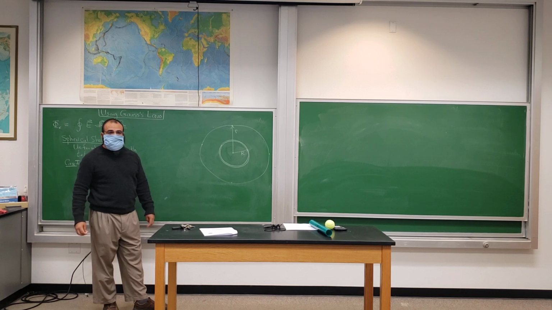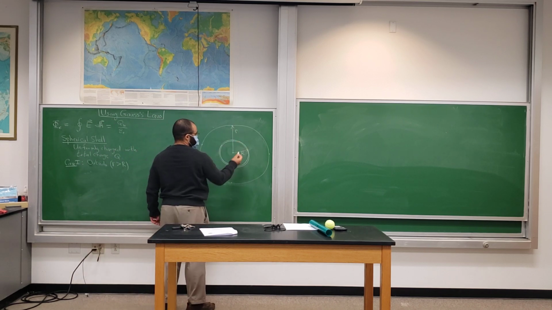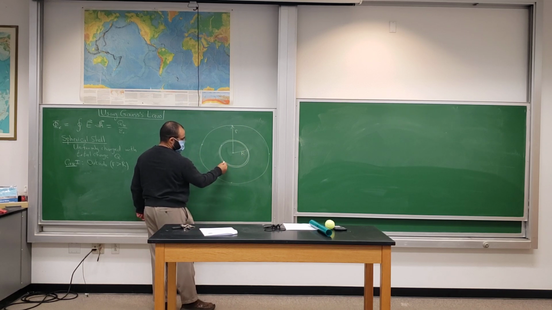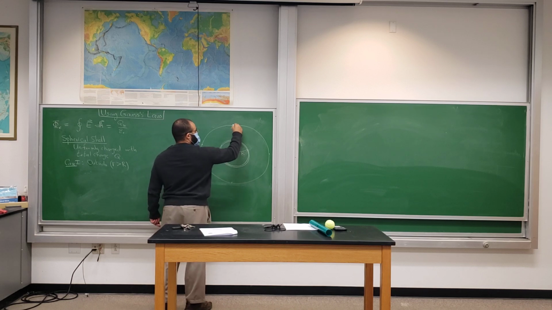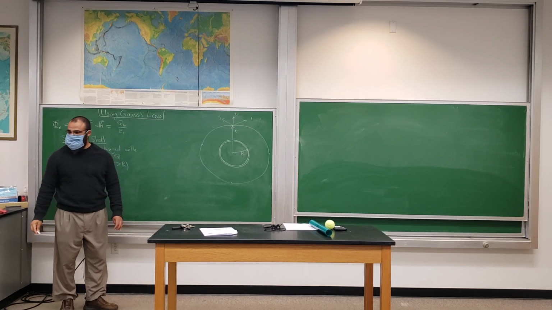Next, in what direction should the electric field point? Let's give three cases. This is positively charged, so you expect the electric field to point away. Would it be this way, or this way? Would it be 1, 2, or 3? 2. Yes.